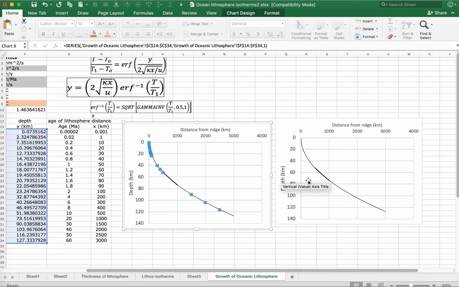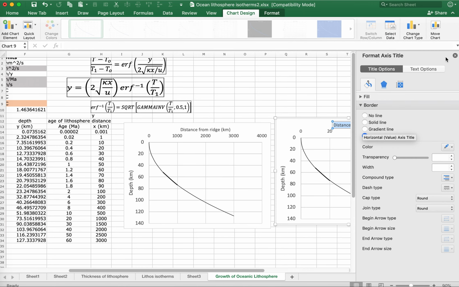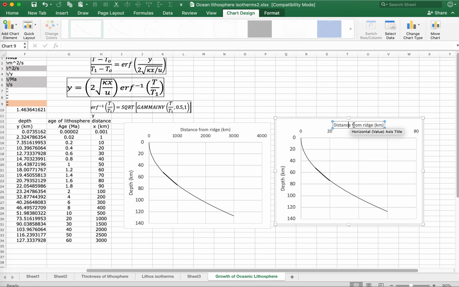So instead of C, we can have column G. So we'll replace the C with a G. Column G is our calculation for the equivalent of age. And so now instead of distance, this is the age of the lithosphere in millions of years. And so now we have a depth age curve.